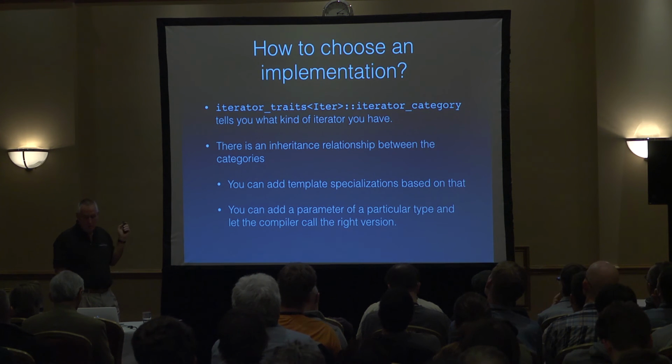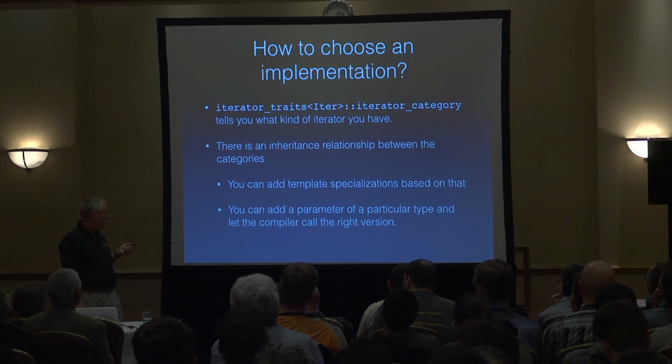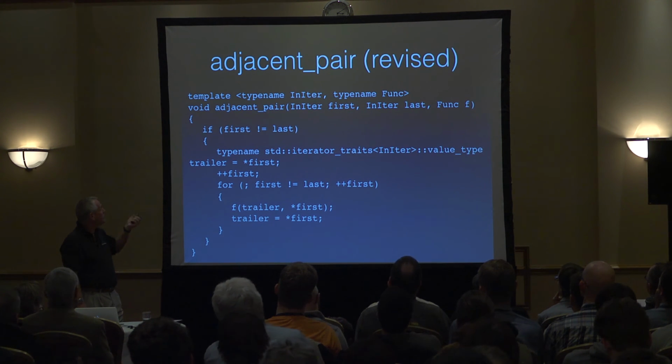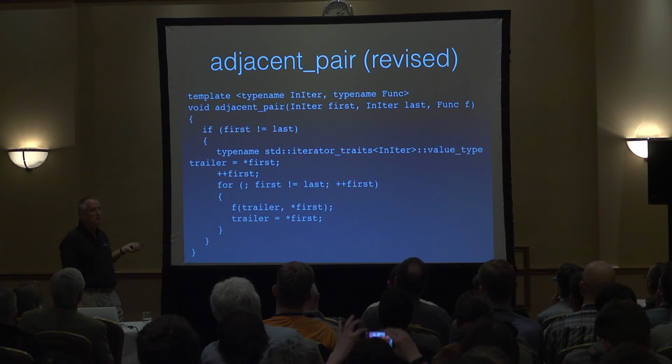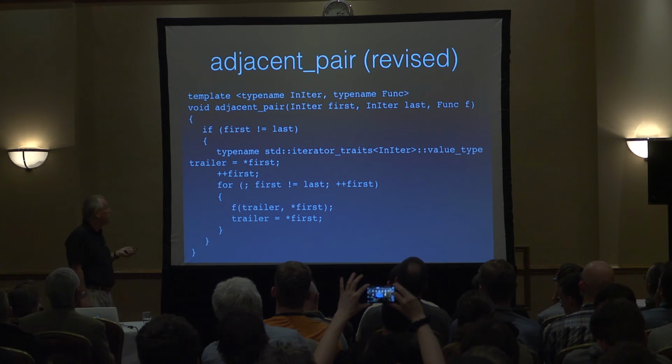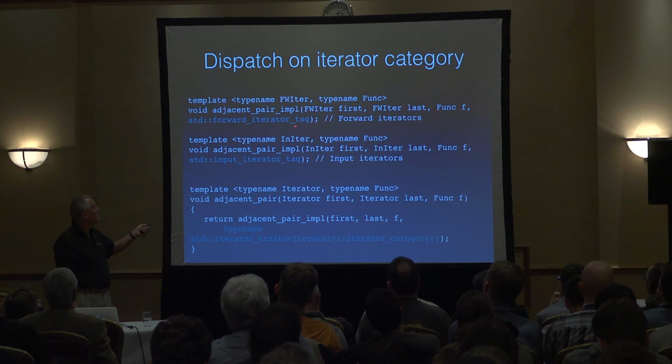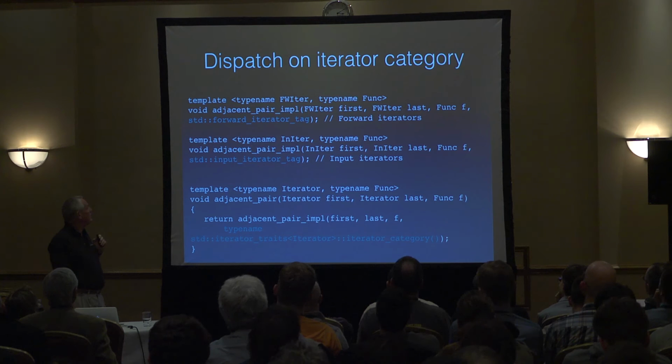And so I'm not going to show all the code because we've seen the two pieces of code. So you take these two functions and rename them, call them adjacent pair impl, say, for implementation. Okay? And you give them another parameter, forward iterator tag, input iterator tag. Okay?